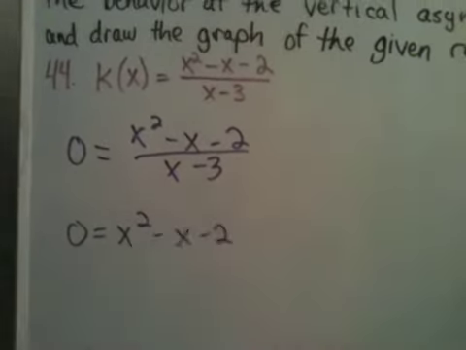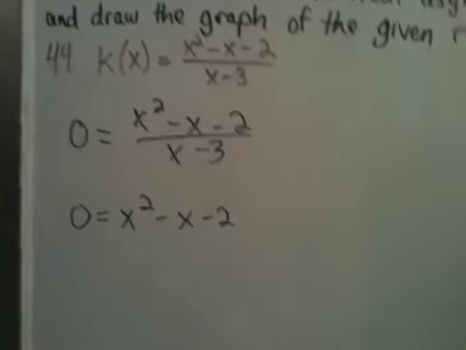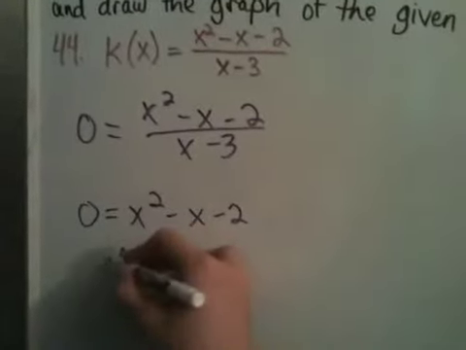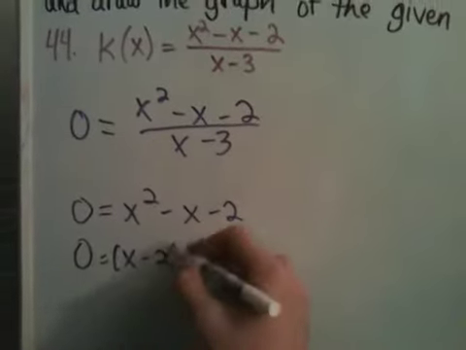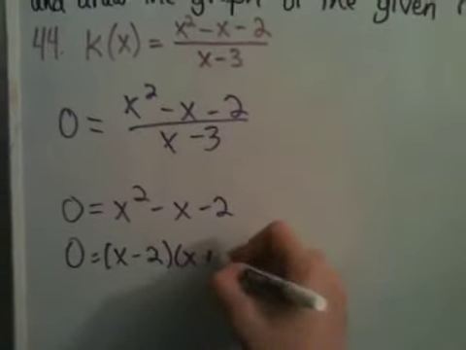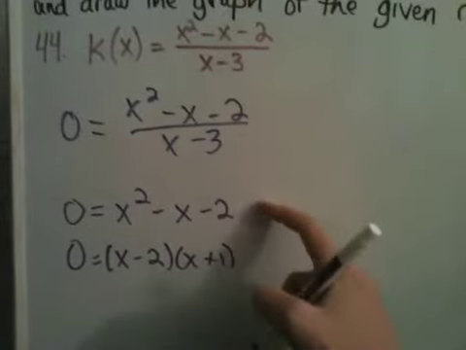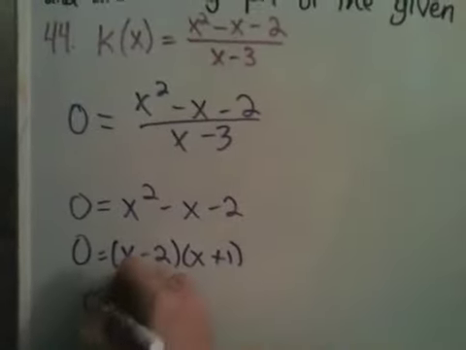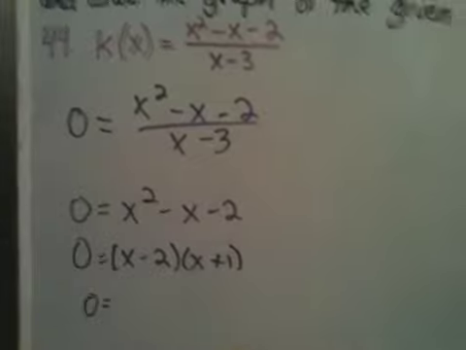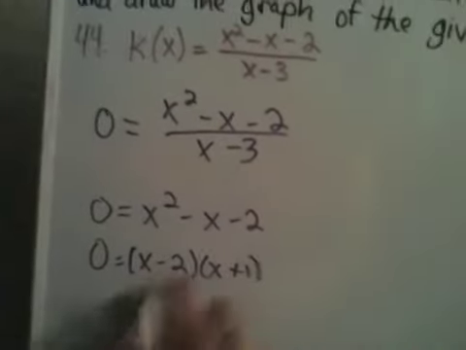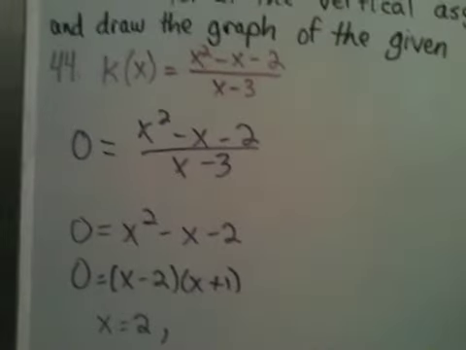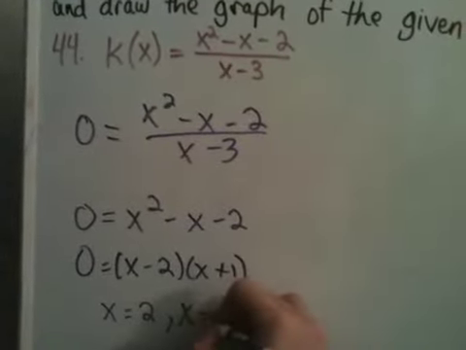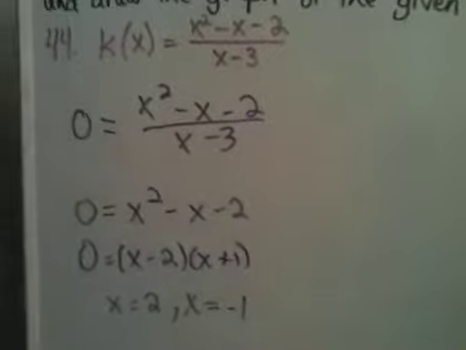Hopefully we can factor this, because that would be convenient for us to solve. So x minus 2, x plus 1 is this factored. So x equals 2 and x equals negative 1 are our two x-intercepts.